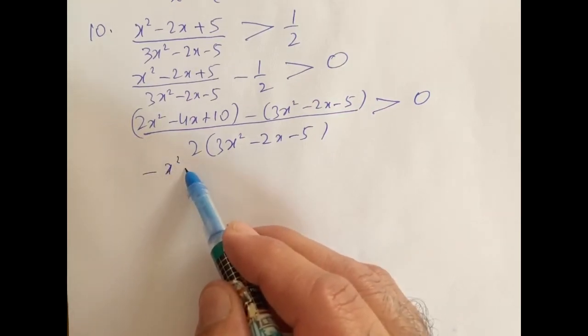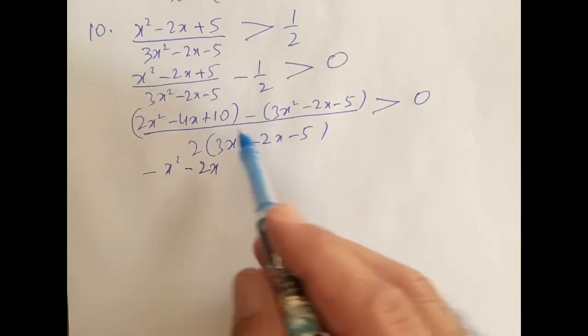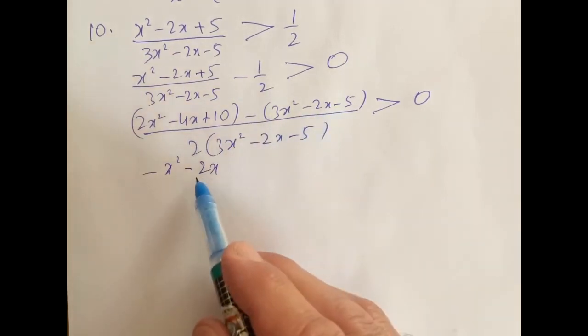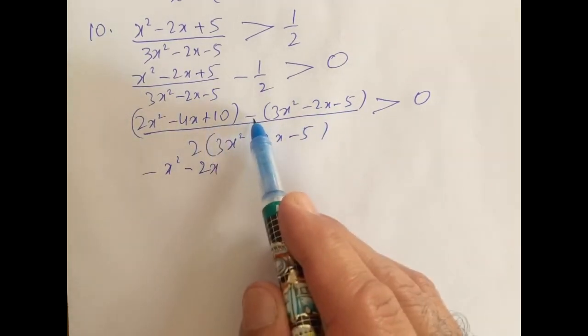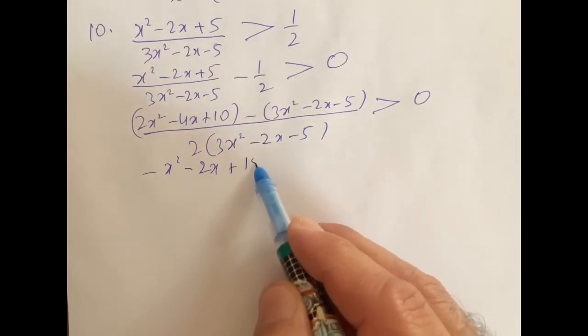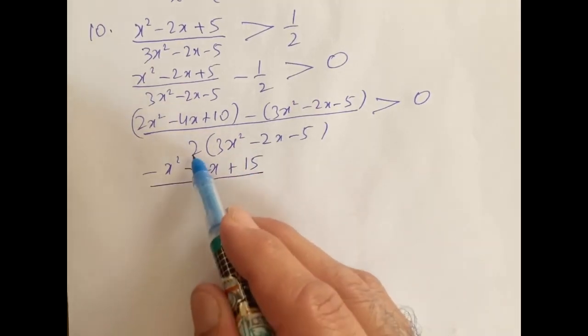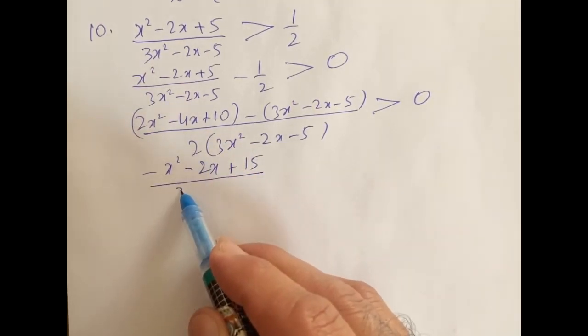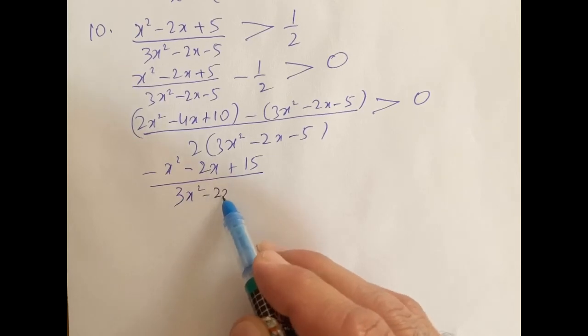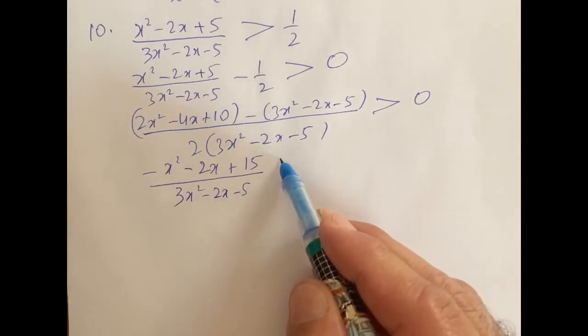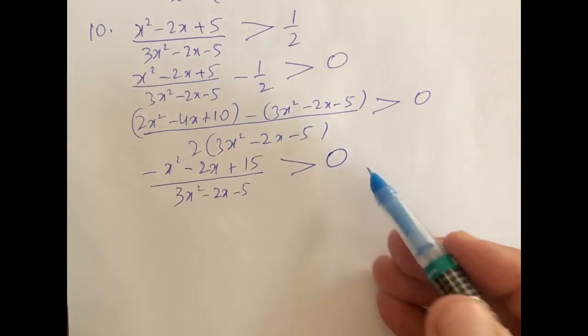Simplifying, minus x square, this is minus 4x plus 2x minus 2x, then it's 10 minus minus 5, that is plus 15 upon 2 is positive. So we write 3x square minus 2x minus 5, this is greater than 0.